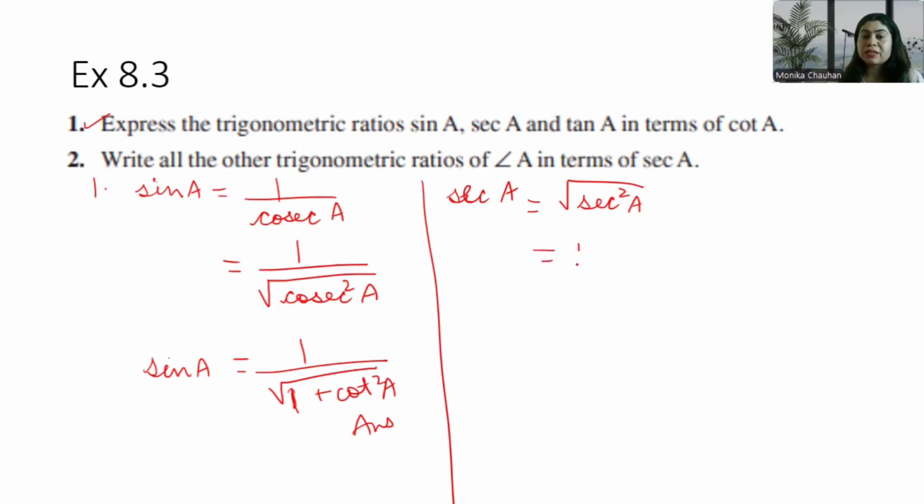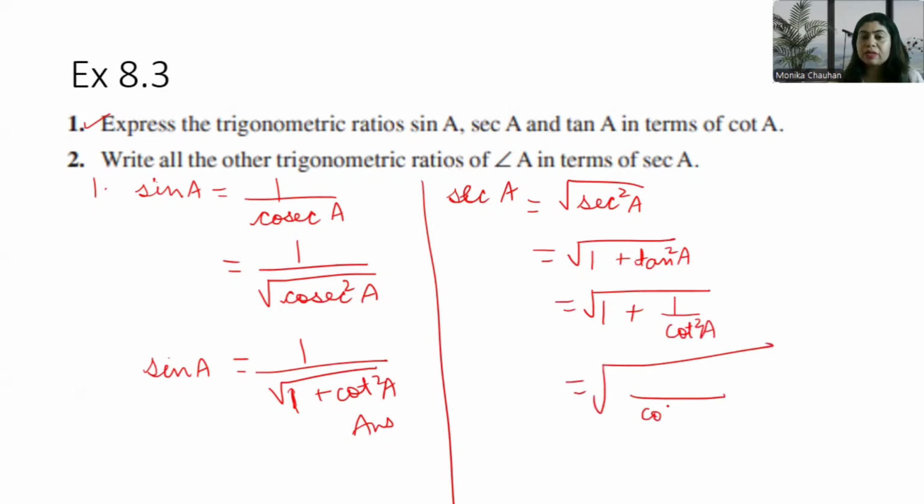Now, sec square A is equal to 1 plus tan square theta, or 1 plus tan square A. As I told you, it is easy to replace this tan in terms of cot, because you can write it in reciprocal form. And then further, to solve this, you have to take the LCM of cot square A. So it becomes cot square A plus 1, and that's my answer for sec A. This is how you represent sec A in terms of cot A.